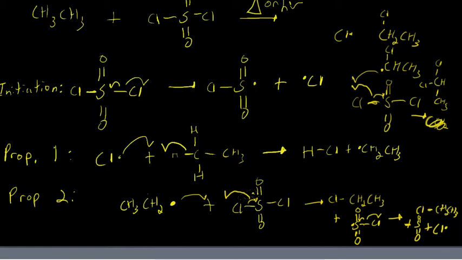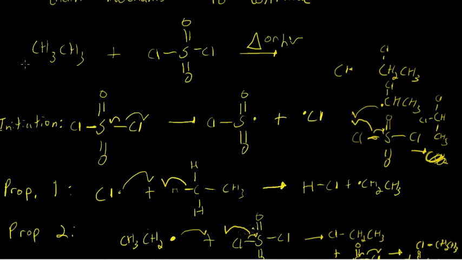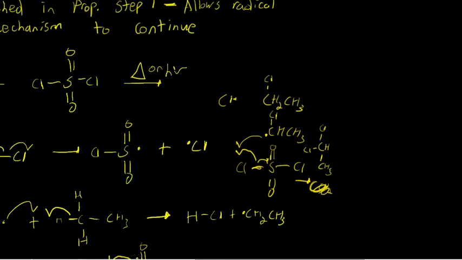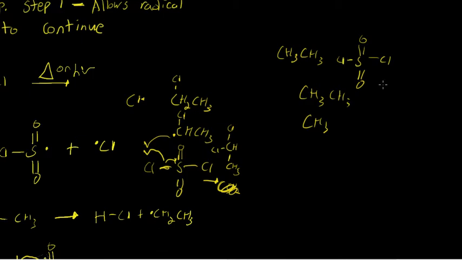So how do you avoid that? Well, you could use an excess of ethane. So this overall reaction here is a 1-to-1 stoichiometric ratio. But if you were to use an excess of ethane, you'll have a bunch of ethane sitting here, and you have this sulfonyl chloride here, but not as much of it.